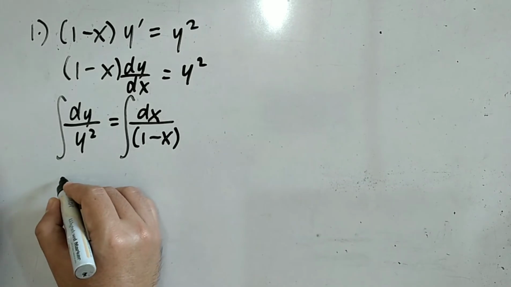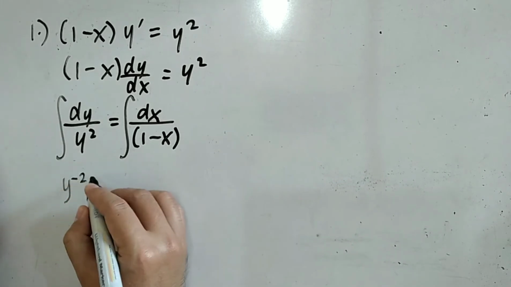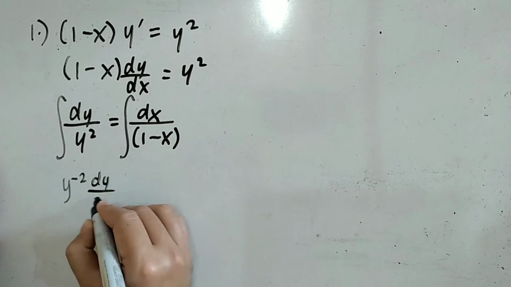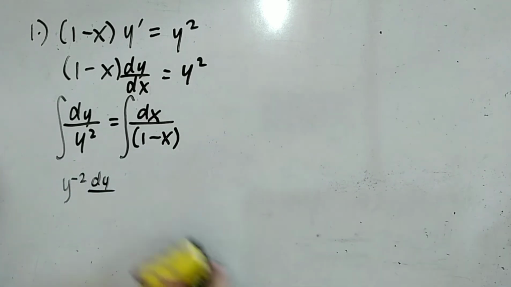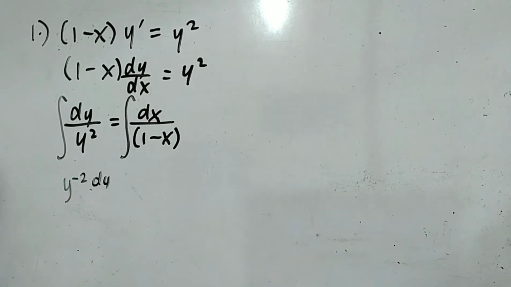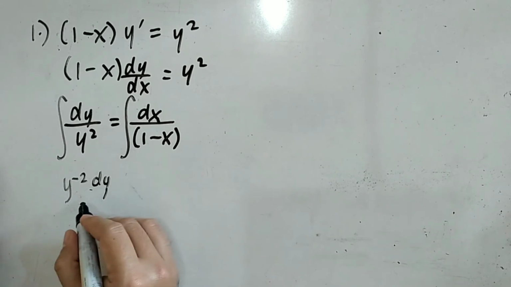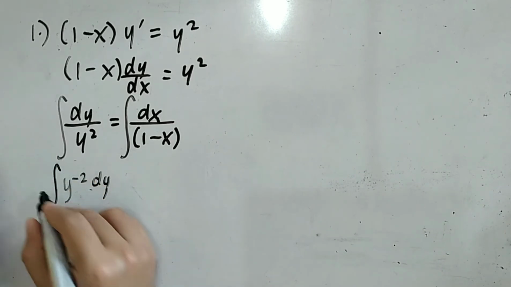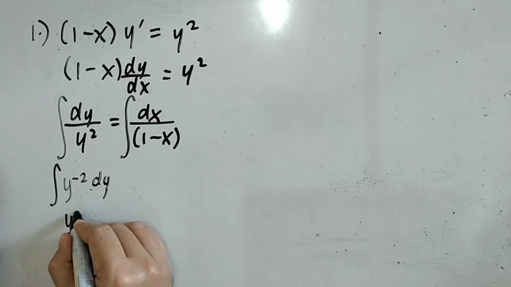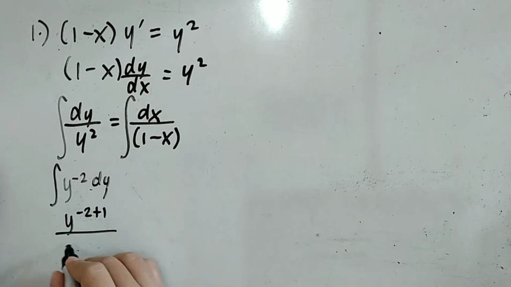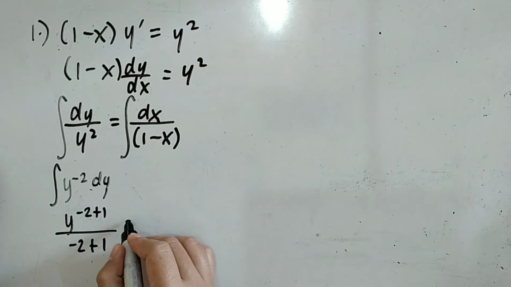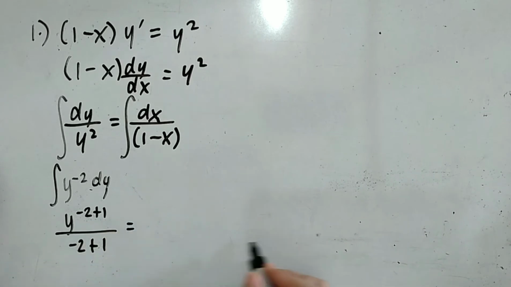So we can rewrite this as y to the negative 2 dy, and we can simply integrate it by simple power rule. y to the negative 2 plus 1 over negative 2 plus 1. We can place c later on the other side. We can combine the c's because it is simply an arbitrary constant.